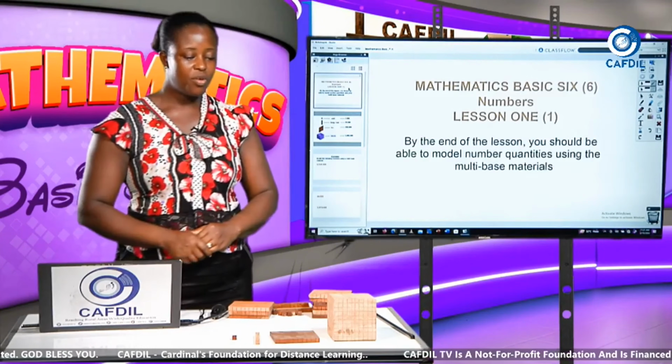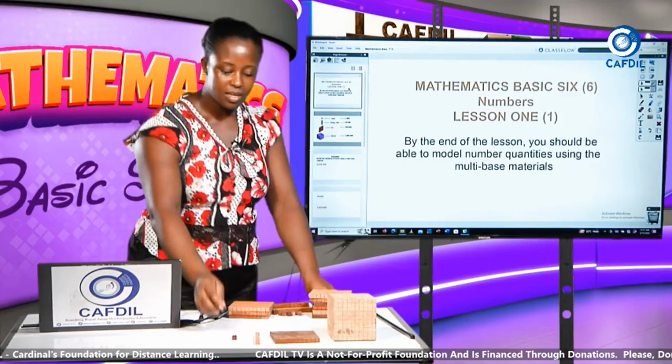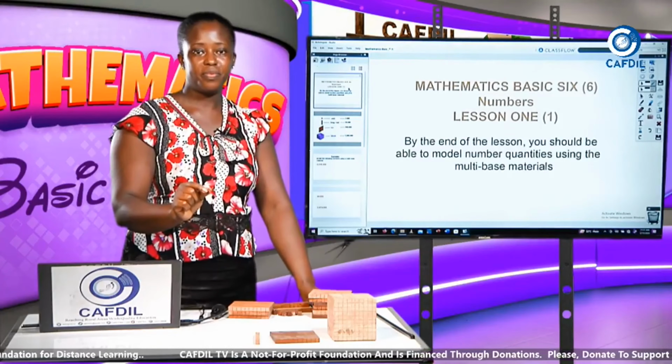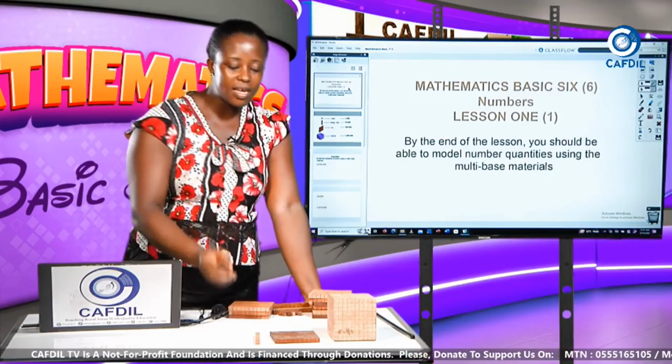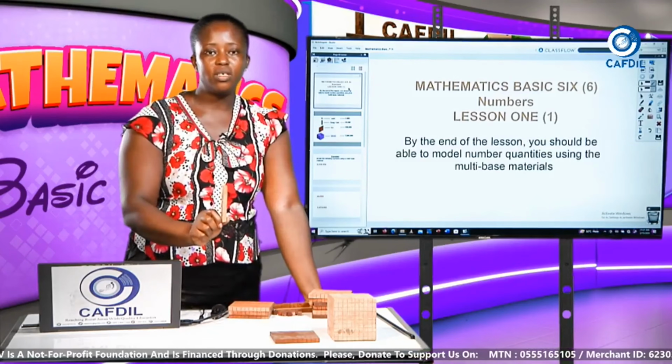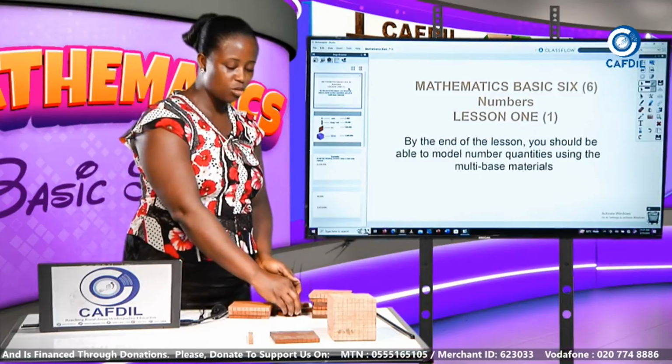Learners, we want to demonstrate something here. This is the units. And 10 of the units will give us a rod or a long. So let's find out and see if it is true.